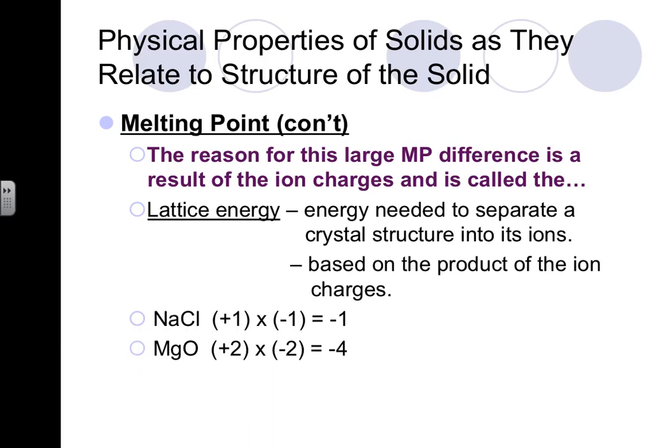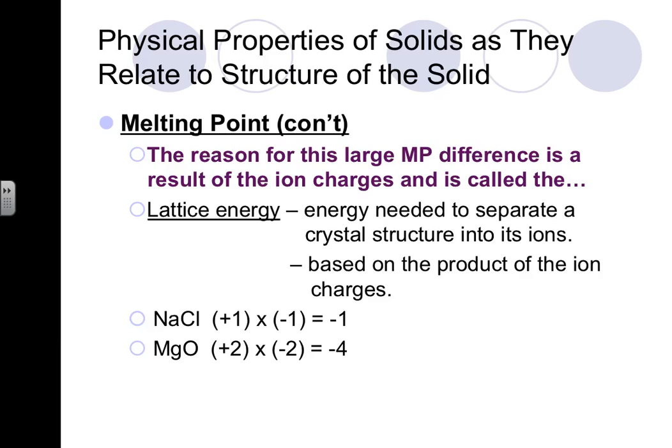When you look at sodium chloride and magnesium oxide, sodium chloride is a +1 and a -1, and then we have a +2 and a -2. When you look at the product of those charges, you can see that the magnesium oxide product is way bigger in terms of a negative number compared to sodium chloride.